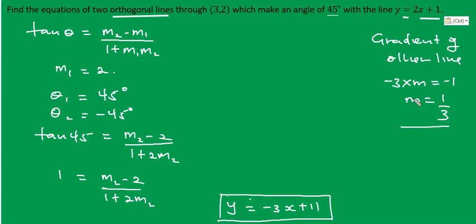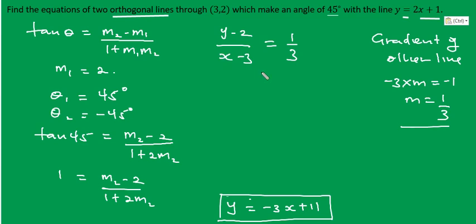So if this is the gradient of the other line, then again I will say y minus 2 over x minus 3, changing y over changing x, is equal to the gradient of the other line, which, since they are perpendicular, is going to be a third.